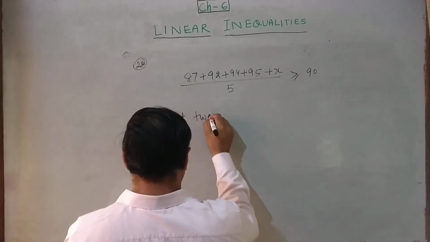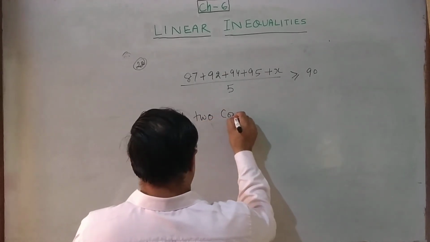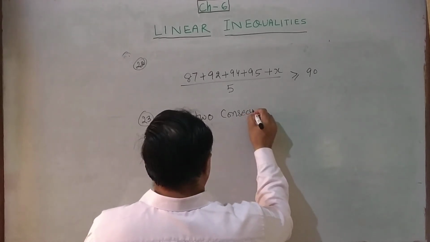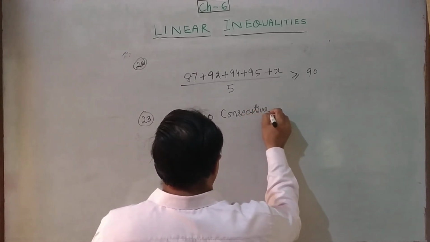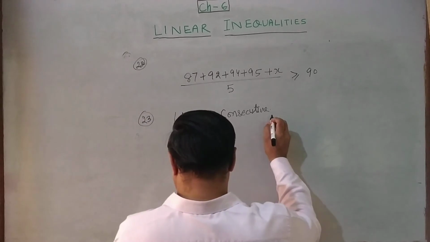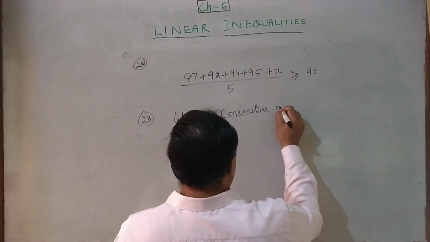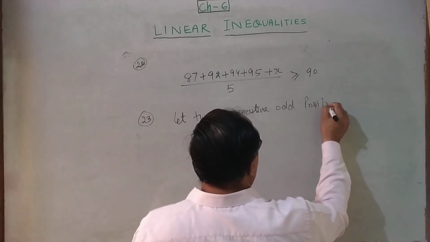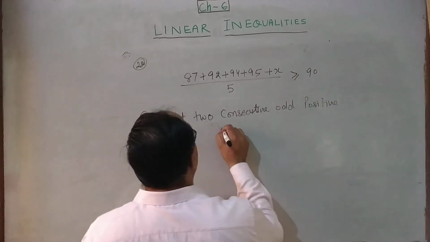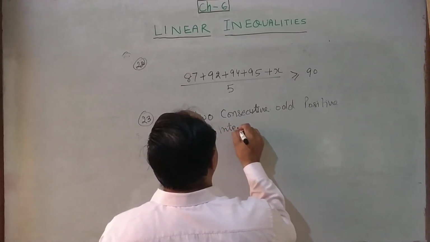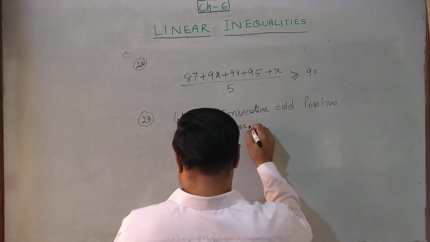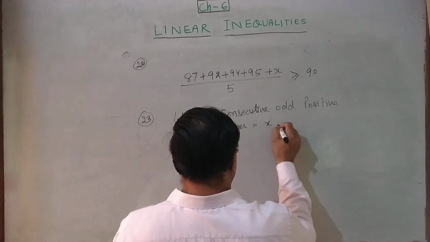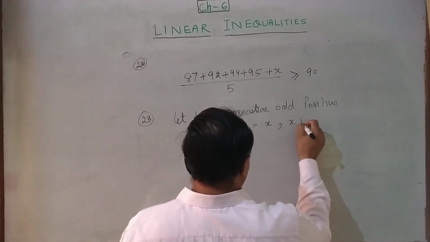Then let two consecutive odd positive integers be x and x plus 2.